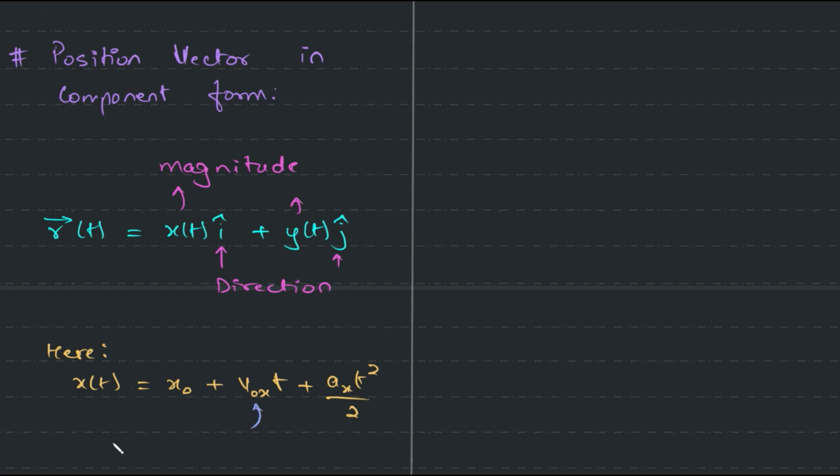So this represents the initial part, and x represents along the x-axis. Okay. So there's a bit of representation that we need to adopt over here. If not, everything is the same. This is y naught plus velocity along the y-axis t plus acceleration along the y-axis t square by 2. So there is no arrow over here. You need to see that there are no arrows over here.